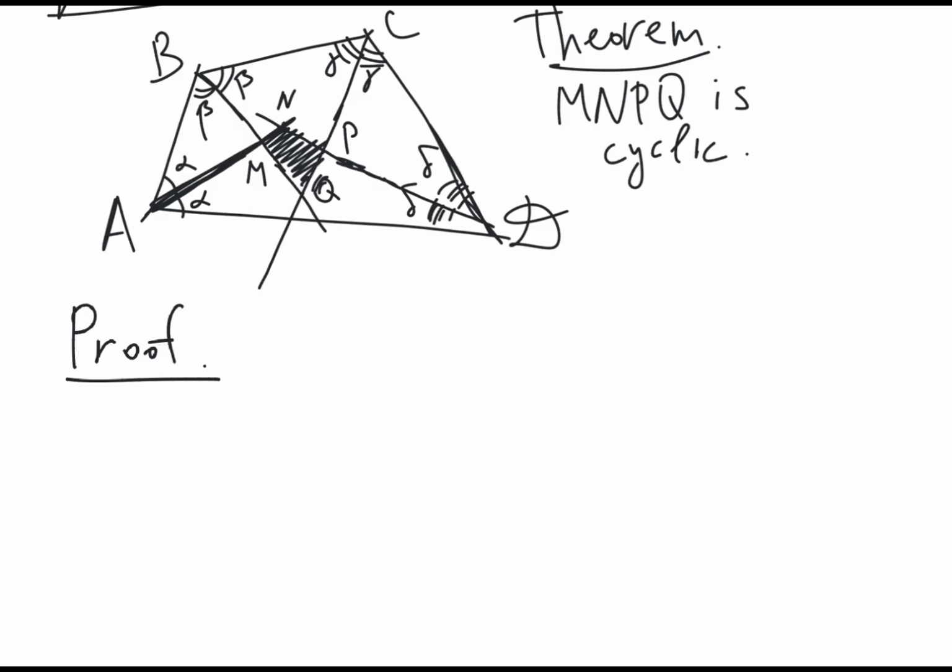So if we have any quadrilateral, and the sum of two opposite angles is 180 degrees, then it's cyclic. So this is the criterion. That's what we are going to use, and we are going to calculate the sum of the angles.